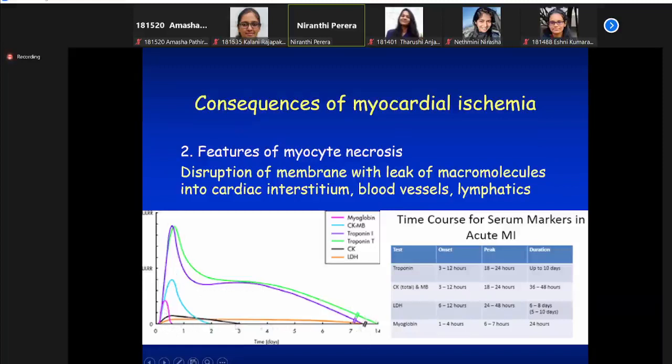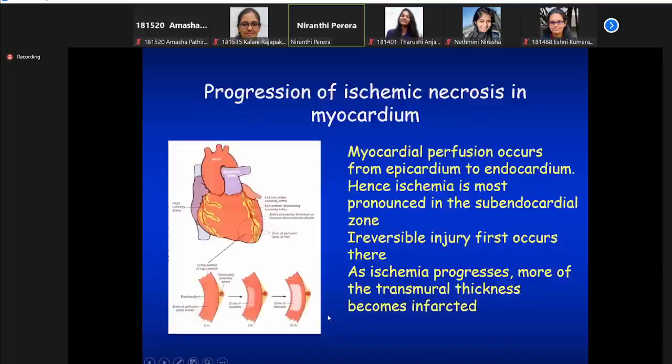So depending on the time within which the patient comes, this can be used to diagnose a myocardial infarction. Although the best way would be to look at an ECG, look at these enzyme levels, and put it all together with the patient's clinical features.